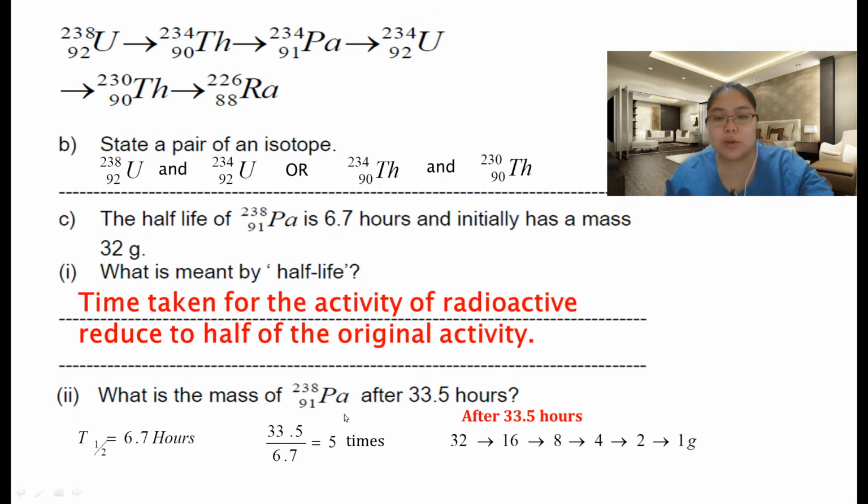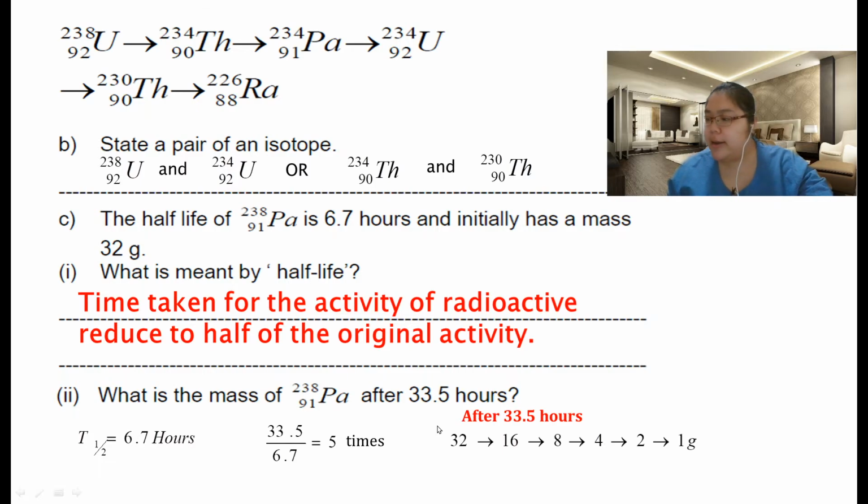So that means 31 gram already decayed. Finally, just 1 gram is left, not yet decayed. So for this answer, you just write 1 gram. We don't have any formula for this one. You just show like this: 32 arrow 16 arrow 8 arrow 4, then until the last, then you stop. So this one is easier for you to understand. We don't need to create an equation.